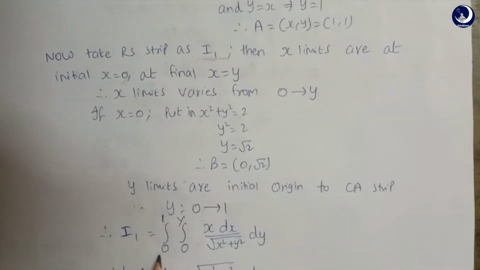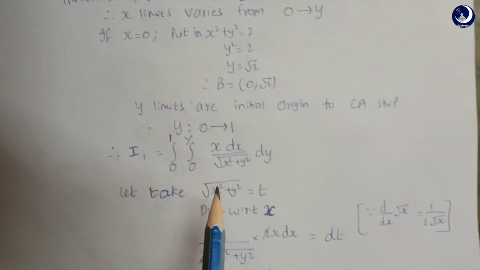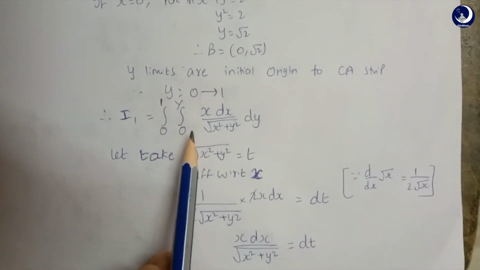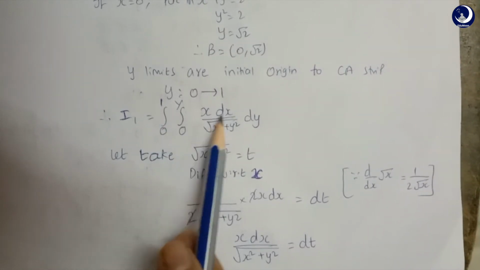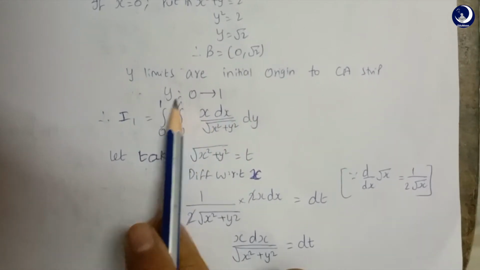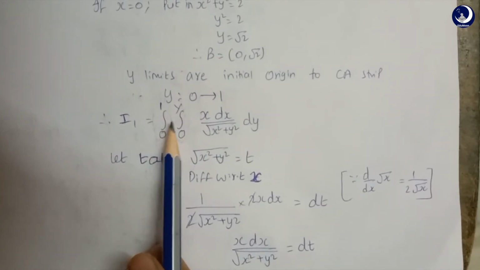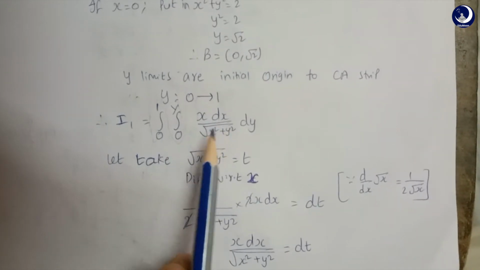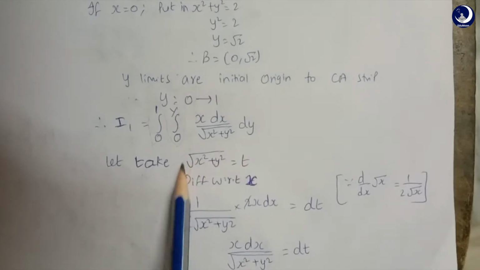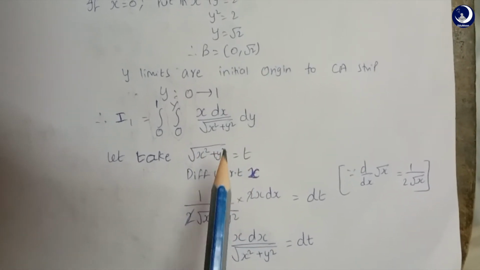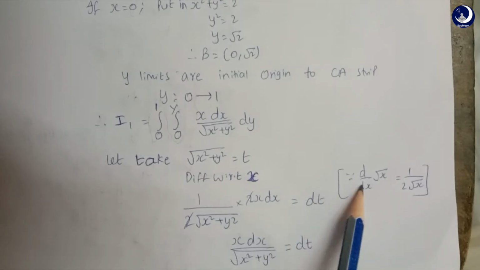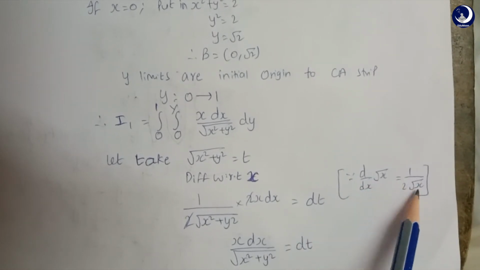We solve the I1 region. By solving this, we get I1 equal to the integral from 0 to 1, integral from 0 to y, of x dx by root over x square plus y square, into dy. Here the x limits are variables, and the y limits are constants. Now we take root over x square plus y square equal to t. We differentiate; we already know d by dx of root x equal to 1 by 2 root x.